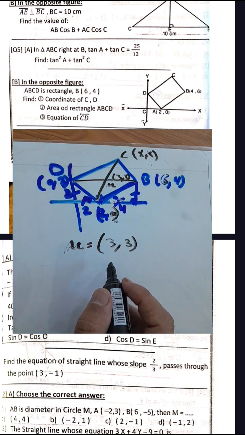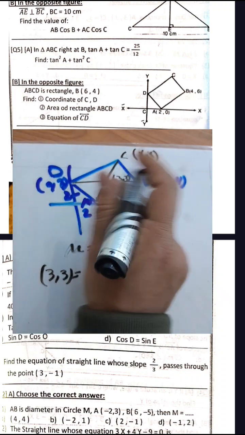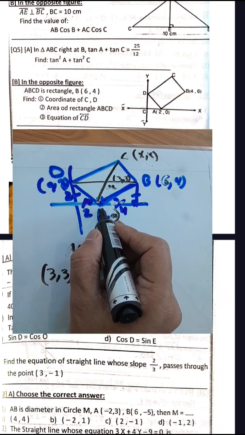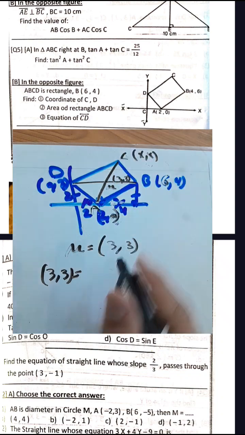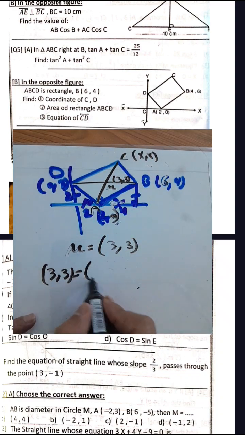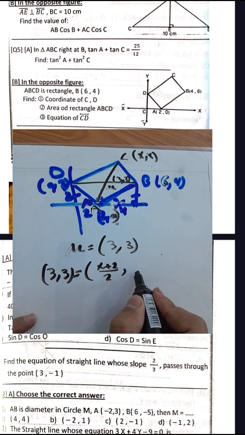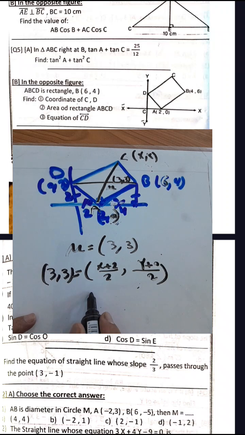Then it's the middle of them. You can write 3 and 3. The middle lies between C and this point here, which was A. We have here A, B, C, D. M is the midpoint between A and C. Then this point M will be equal to X plus 2 divided by 2, and Y plus 0 divided by 2. It's very easy now.